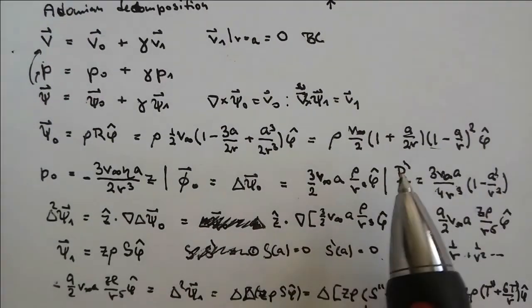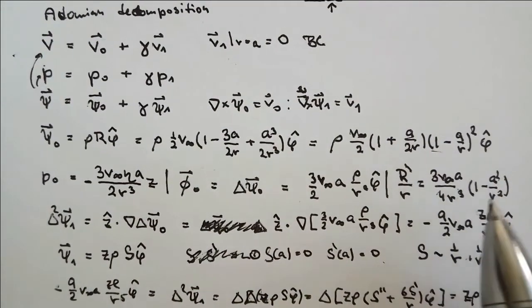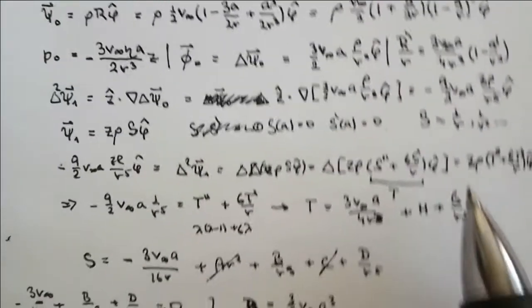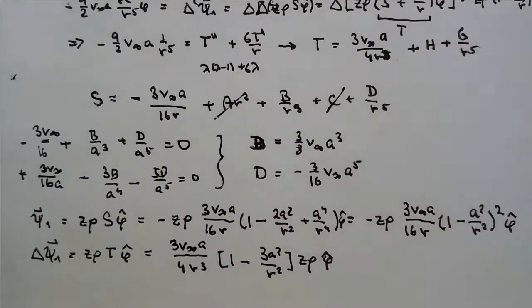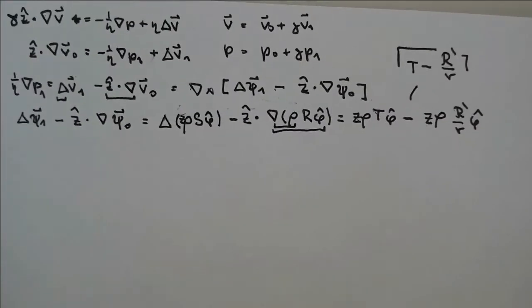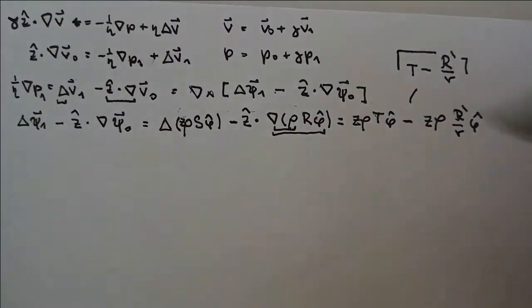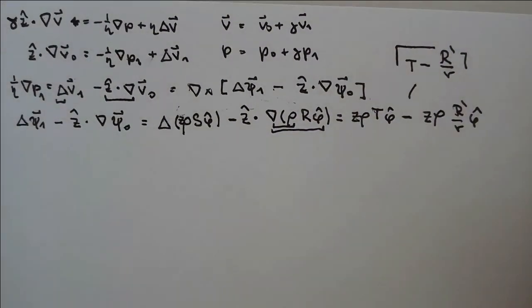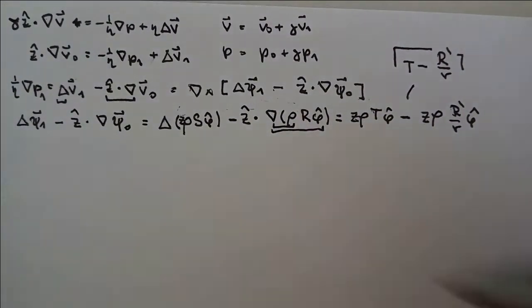This is the formula for r prime over r, and you also know the Laplacian for psi 1, which is here. So you can substitute in and subtract these, and you will get this expression.